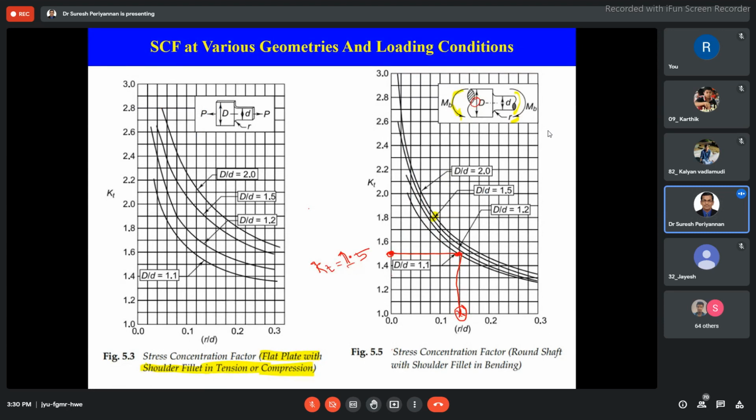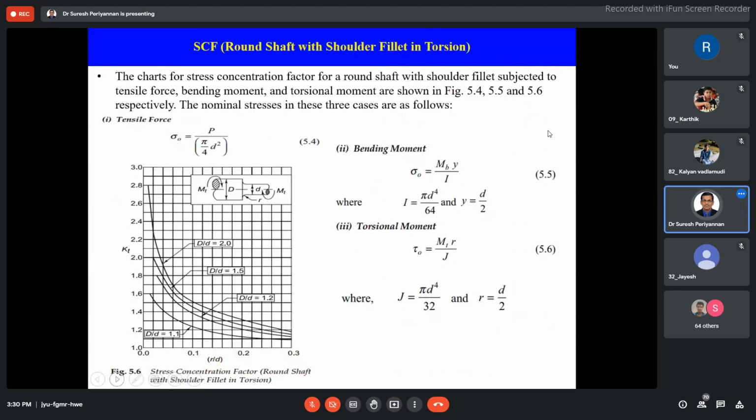Okay, now we discussed four different graphs. Now we move to the last one, with respect to torsion. When the bar is subjected to torsion, we have to follow a different stress concentration factor. See here the r by D ratio, for example, I am taking 0.1, but my capital D by d ratio is 1.2, then my stress concentration factor is 1.4.